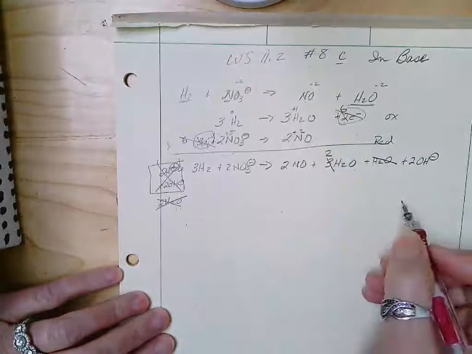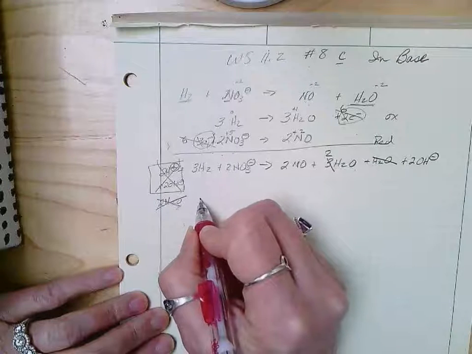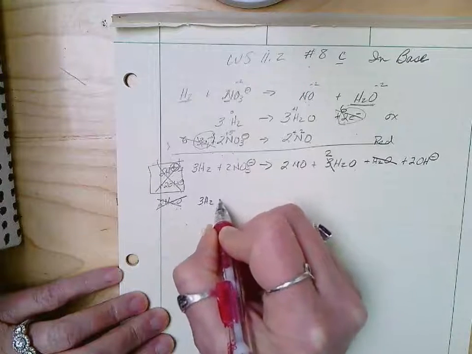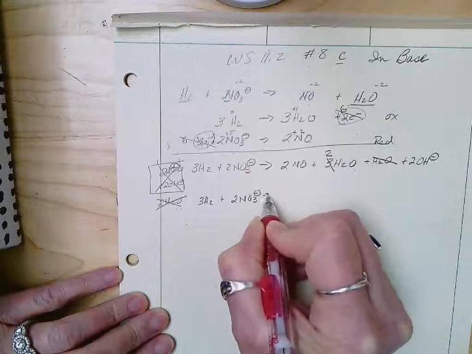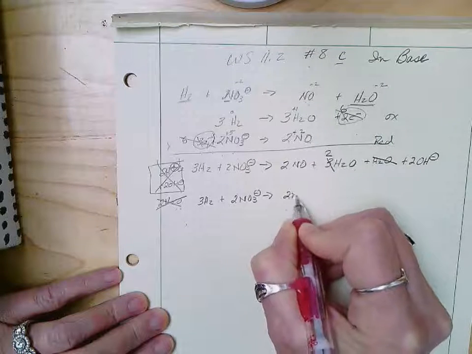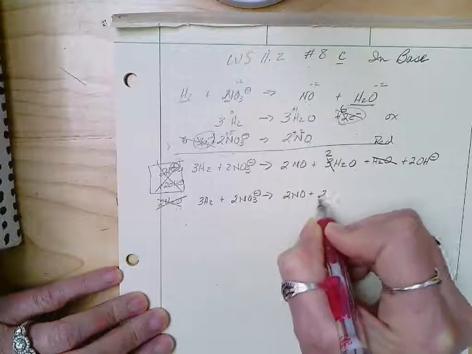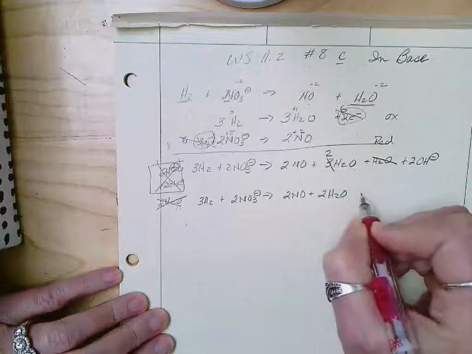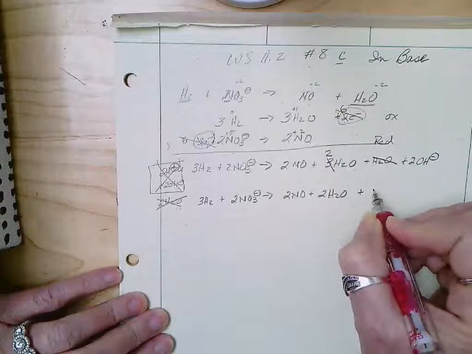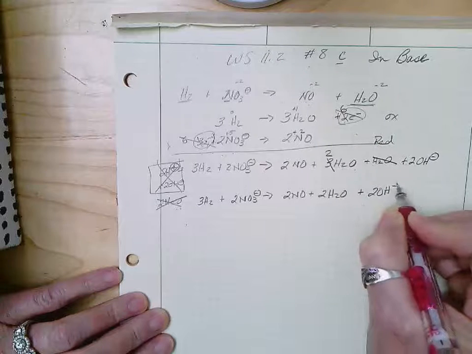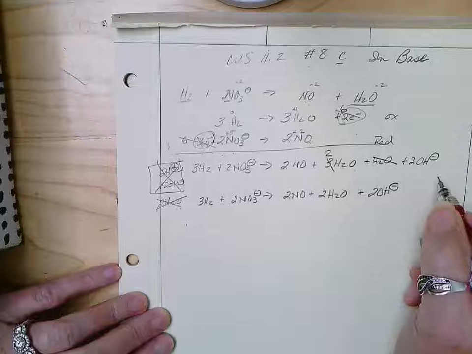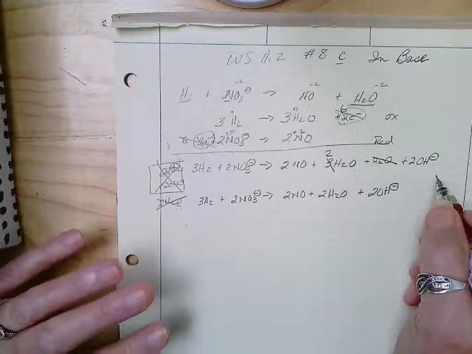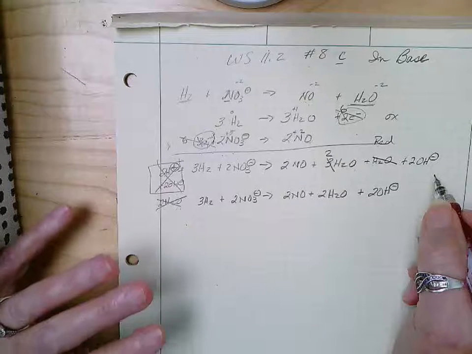So my ending reaction, all balanced, would be 3 H2s plus 2 NO3 minus yields 2 NO plus 2 H2Os plus 2 hydroxides. The last thing we have to do is check to see if the charges are the same on both sides. They have to be equal.